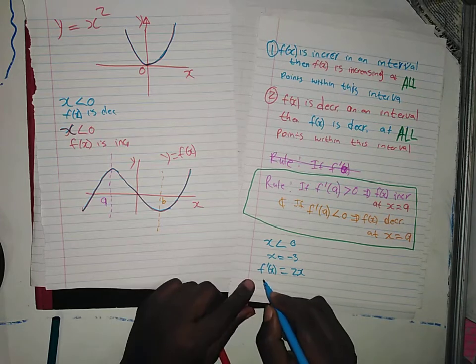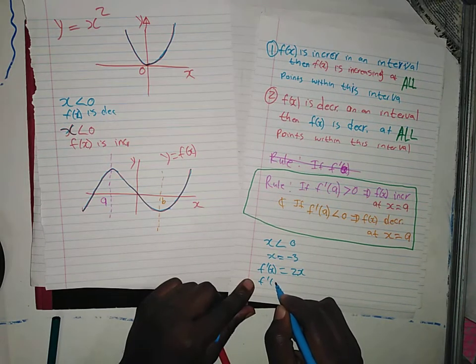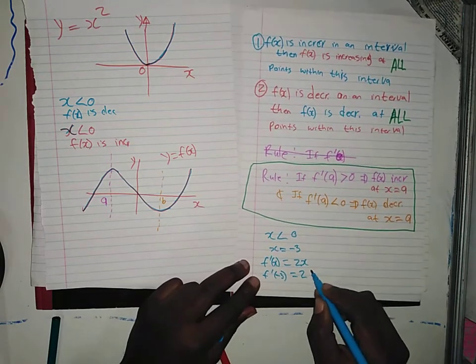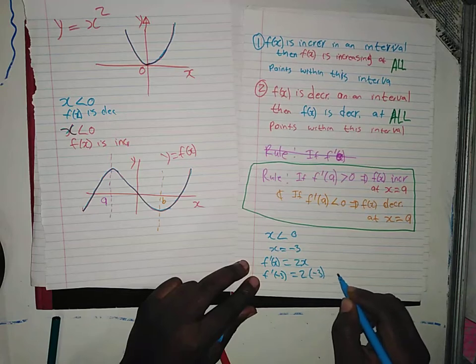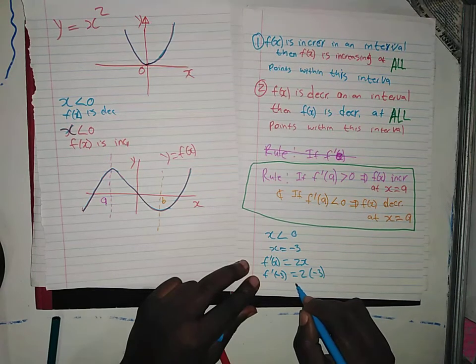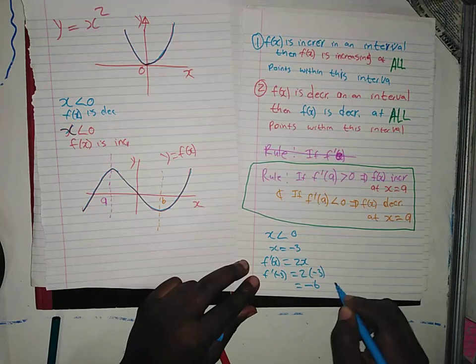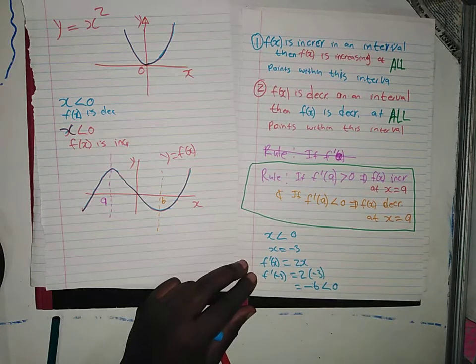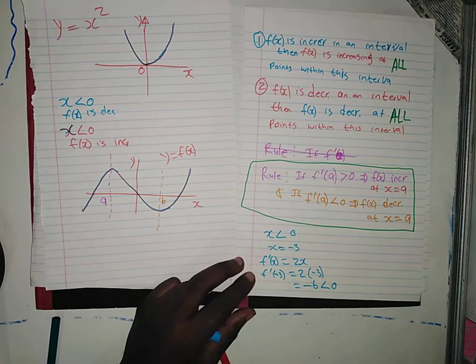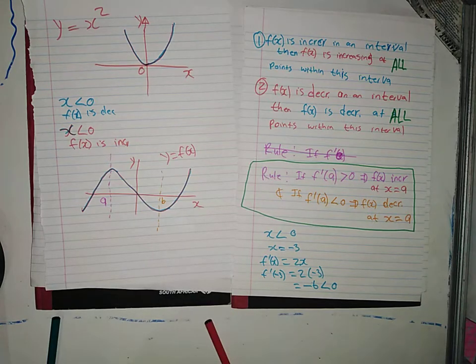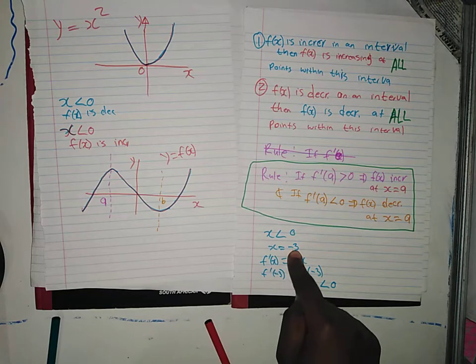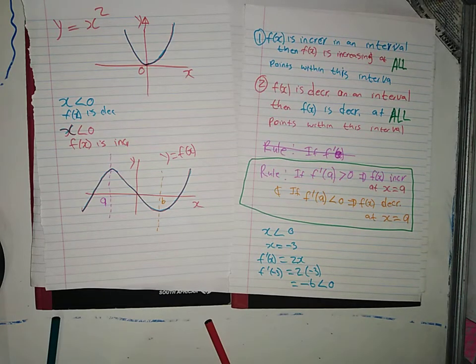So we can say f prime at -3 gives 2 times -3, which is equal to -6. And -6 is less than 0. So that means that at the point x equal to -3, the function is decreasing.